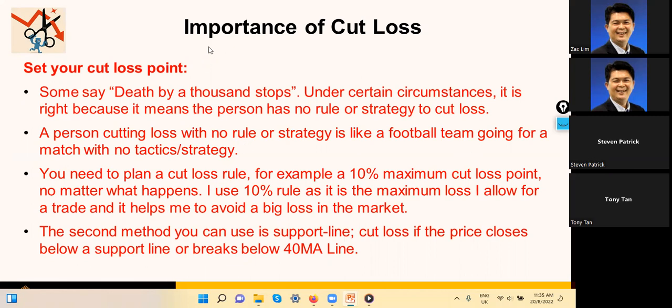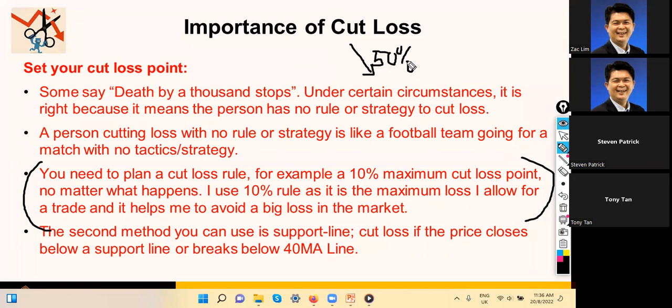So I will start with the cut loss. Actually, the cut loss is not mainly a strategy, but more mainly psychology: how you handle the loss. But this is very important to remember. Let's say, for example, you have a drop of 50% of your entire profile, or a loss.